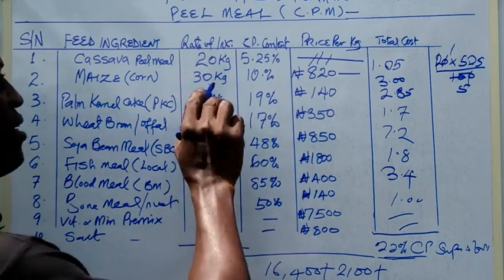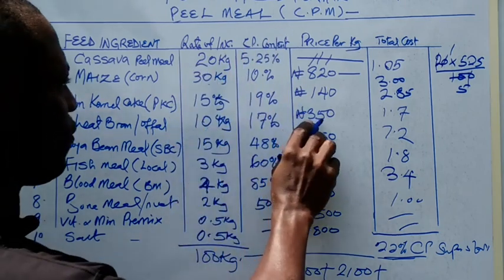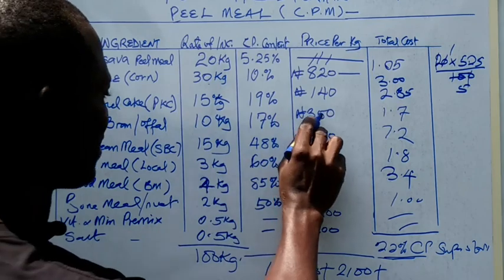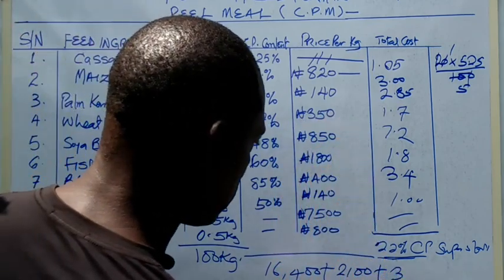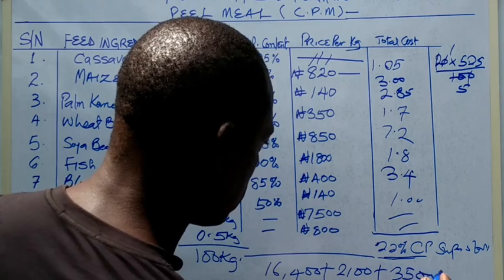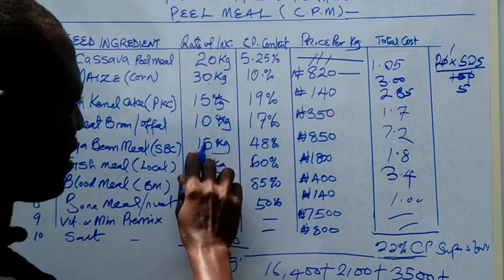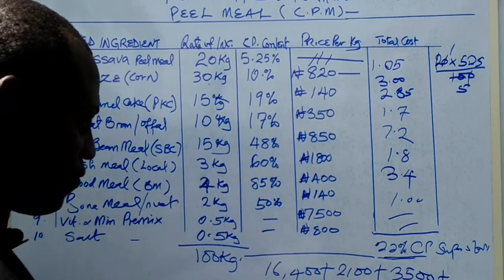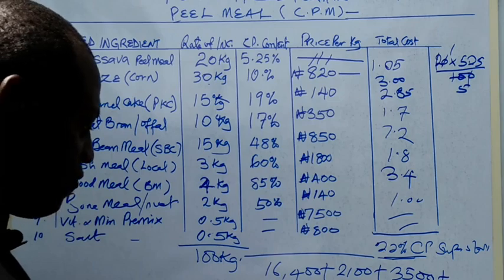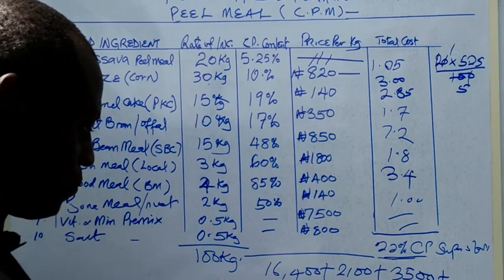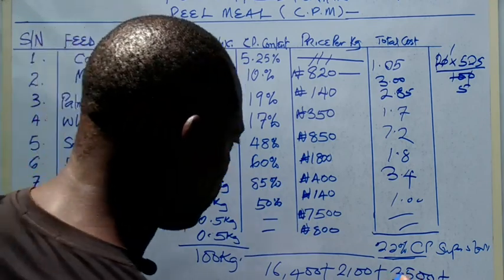Wheat offal is 10 times 350. That will give us 3,500. Plus soya bean meal, 15 kg times 850, which is 12,750.